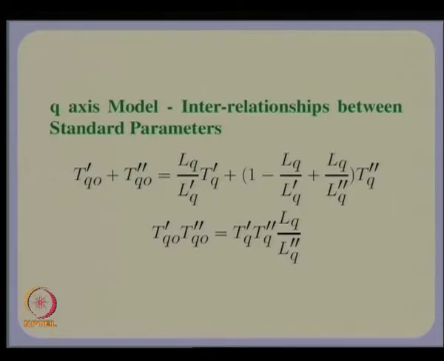The model A, let us again get back to what we were getting at. We are trying to get a model based on the standard parameters, which uses just the standard parameters. But I just introduced one small point here: instead of giving you 4 time constants and the inductance LQ, sometimes you are given 3 reactances and 2 time constants, but the point is that they are all interrelated.